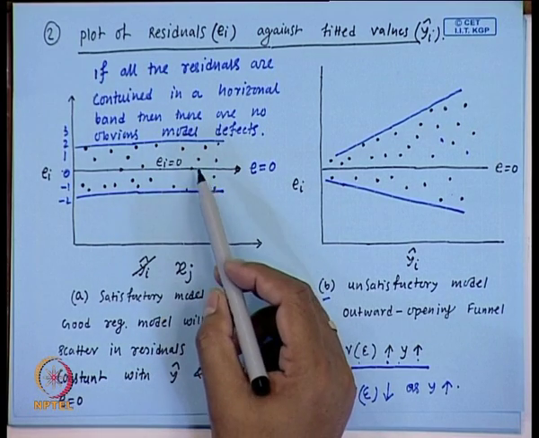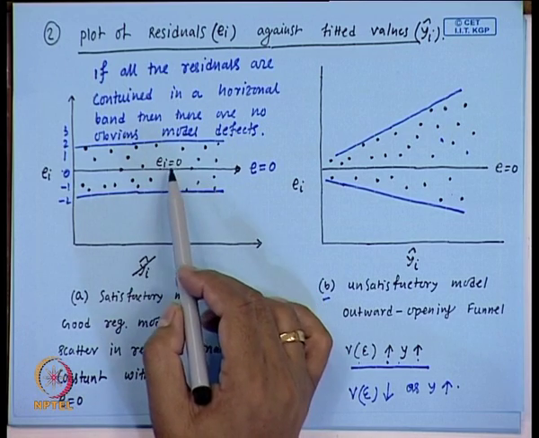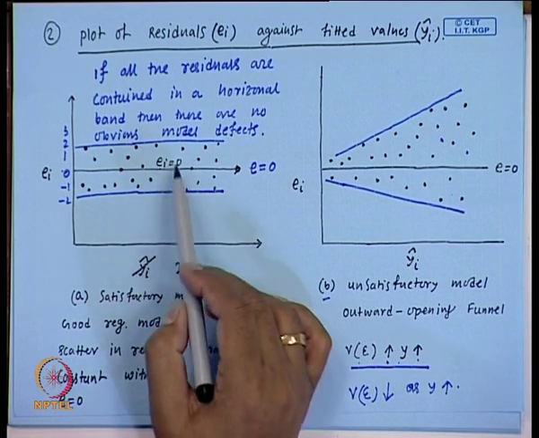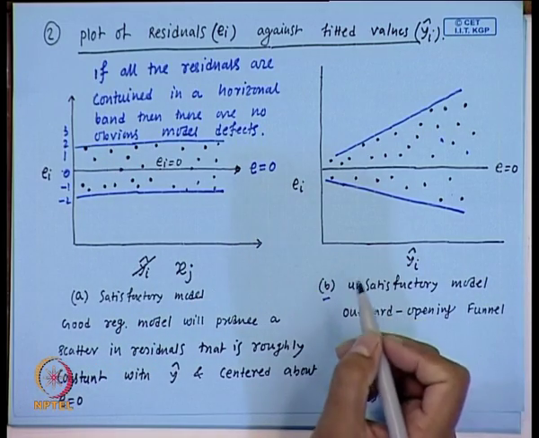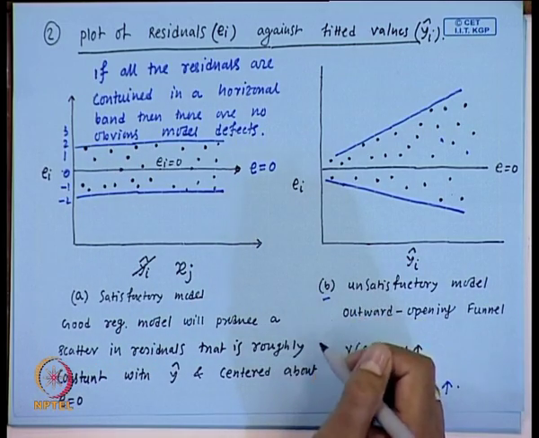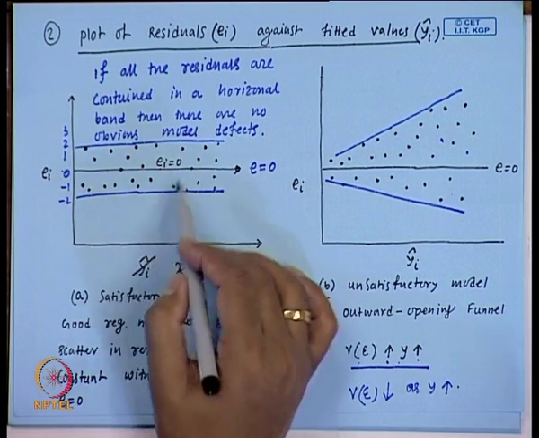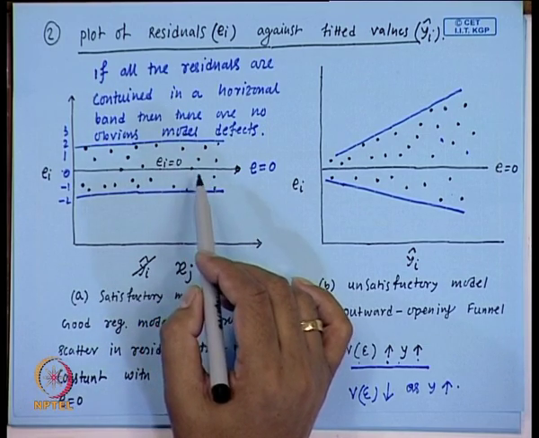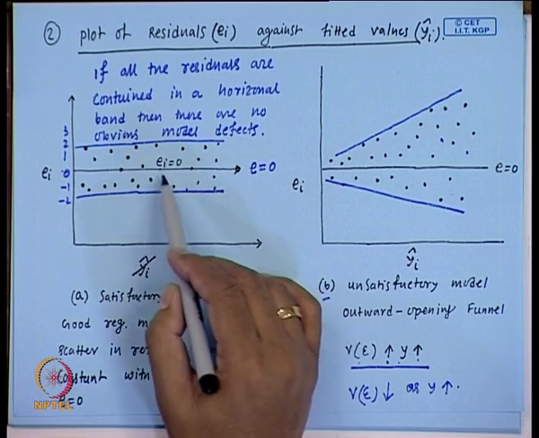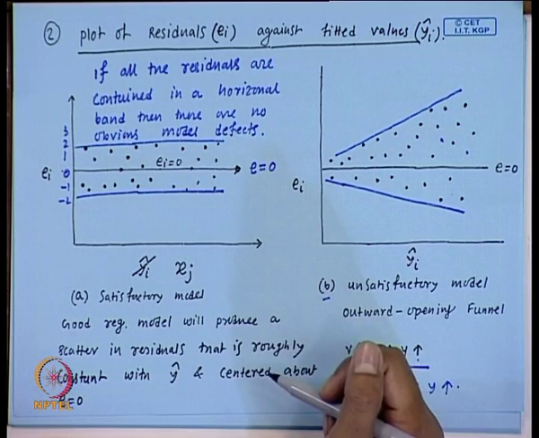Here also, residuals contained in a horizontal band is desirable, and this sort of horizontal band containing all the residuals indicates a satisfactory model.